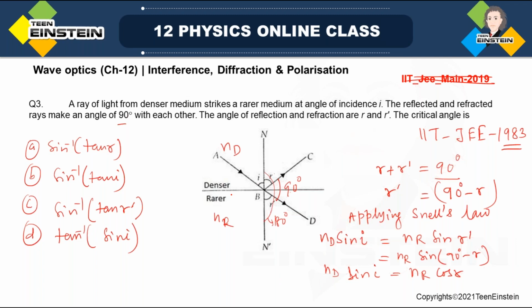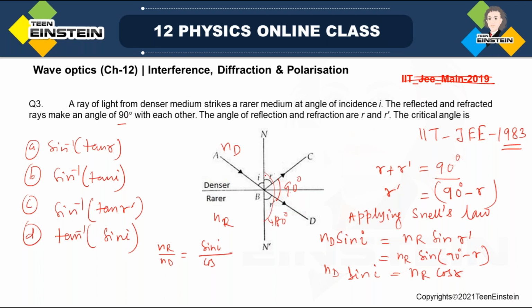Okay, now let us use this portion itself. So we have got nd sine I equals nr cos r, or let us say nr by nd is equal to sine I by cos of r.